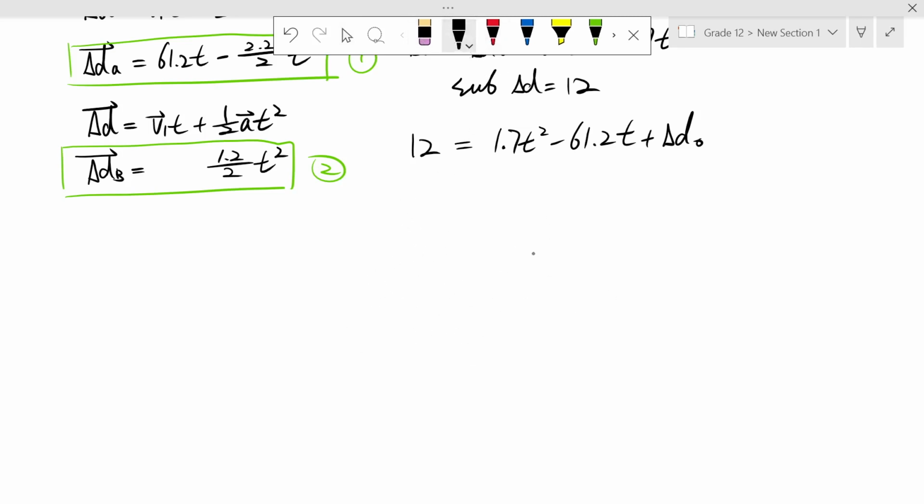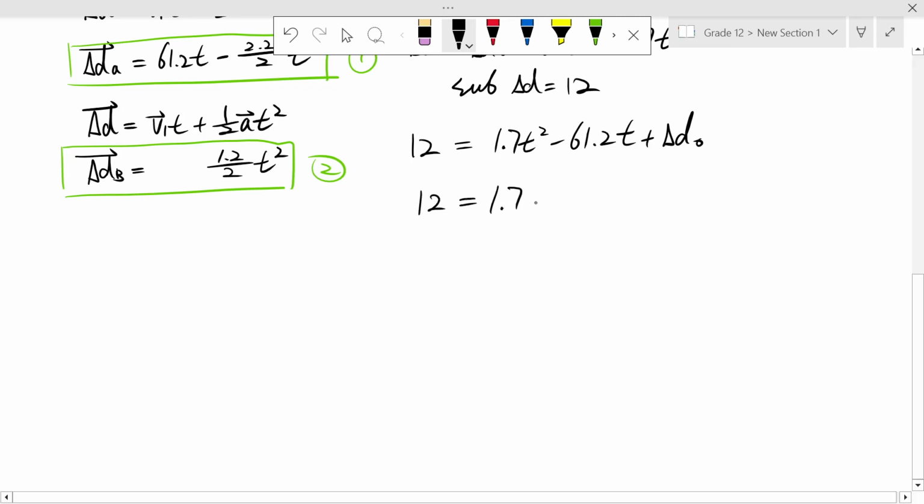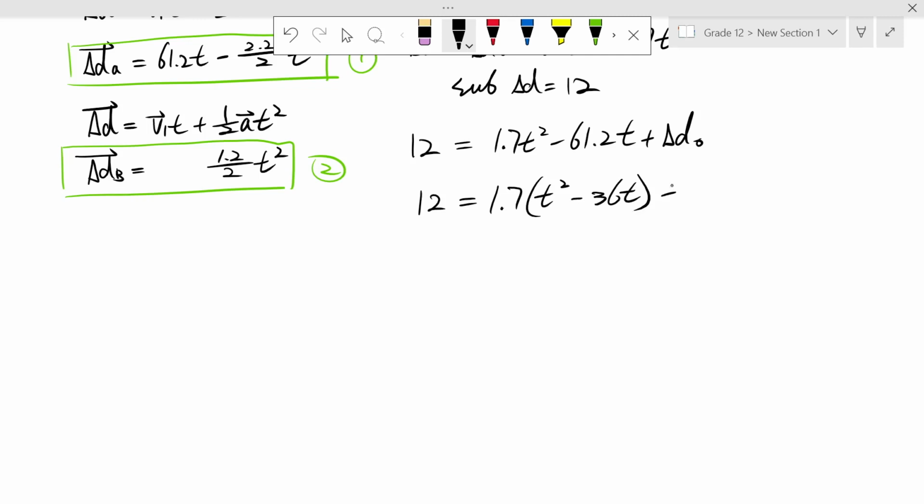Now, as you can guess, this is going to get really tedious because what I'm about to do is going to just traumatize you. It's called completing the square. So I'll leave 12 over there. First, I'll factor 1.7 out. It's going to be t squared. Let me do the math. 61.2 over 1.7 is 36, so minus 36t plus delta d there.